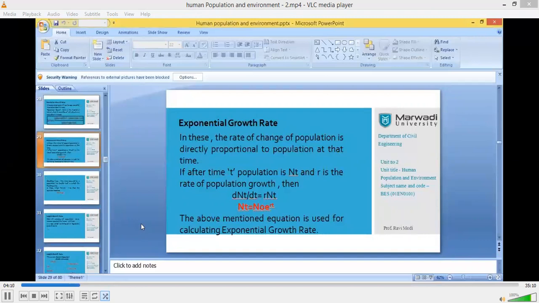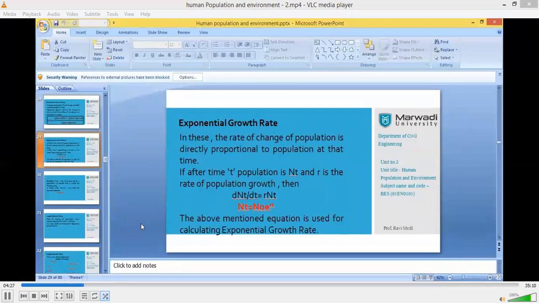Everyone has done this differentiation in your mathematics classes. So according to the formula, it is equal to r, the population growth rate, into N_t. N_t is the population at the time period t.